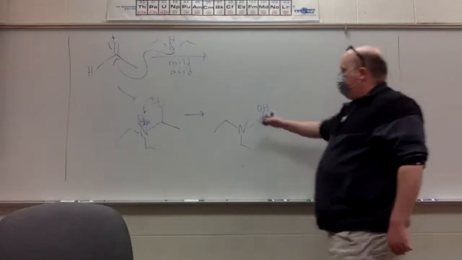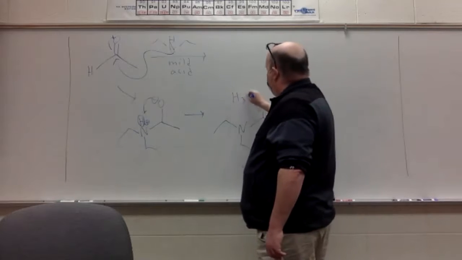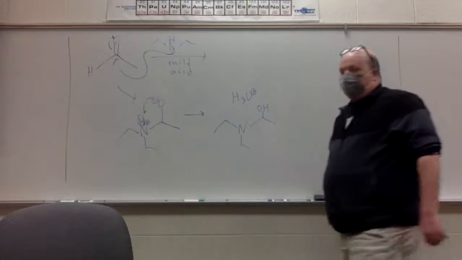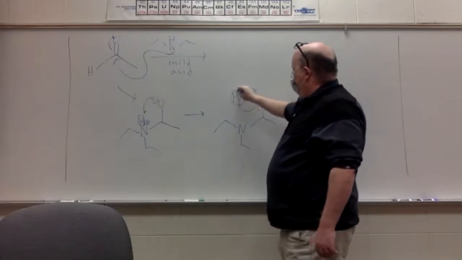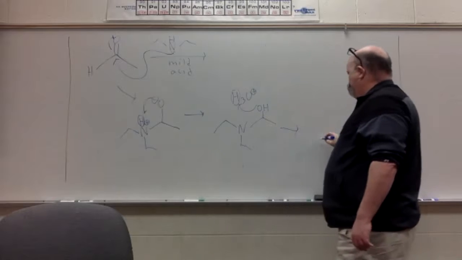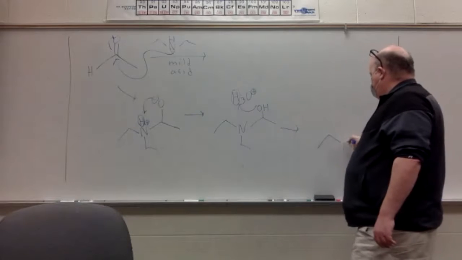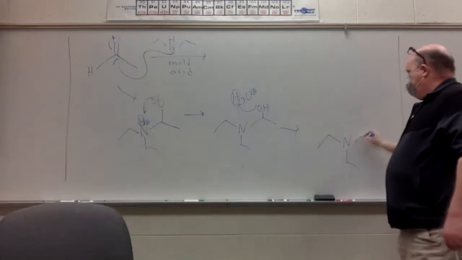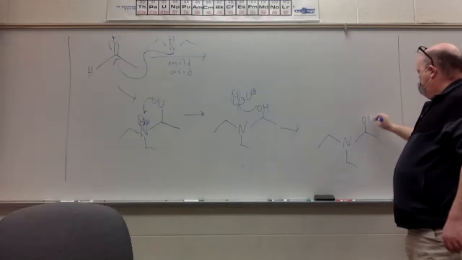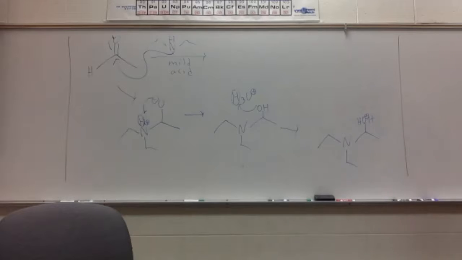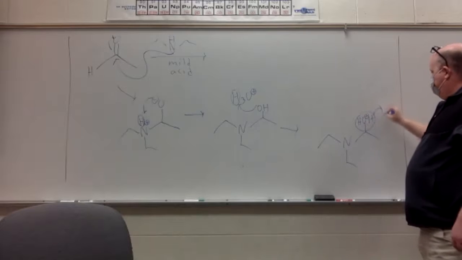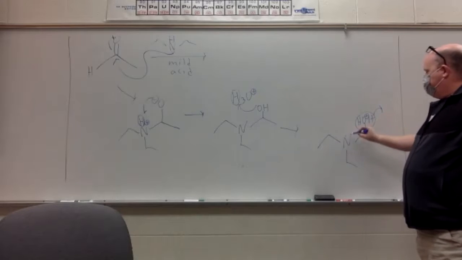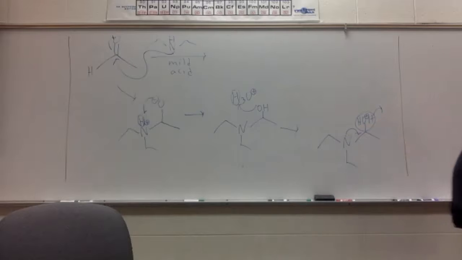And now, again, just like last time, that's where your acid comes in. So your hydronium ion donates a proton to your OH. Makes water. Water is going to leave again. And also, again, a pair of electrons from nitrogen will swoop in to make a double bond.